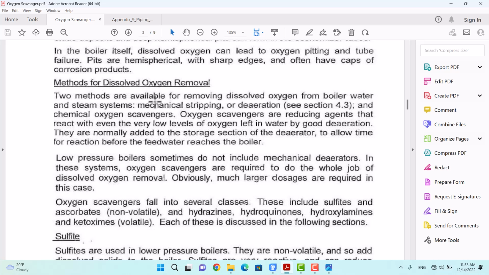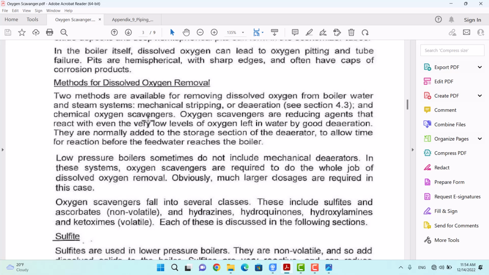The first method is mechanical stripping, which happens in the deaerator, and the second is the additional method. When we say the second method, it doesn't mean that you have to select either mechanical stripping or chemical oxygen scavengers. No, no, no. Both of them should be employed to make sure that there is no oxygen present in the system.